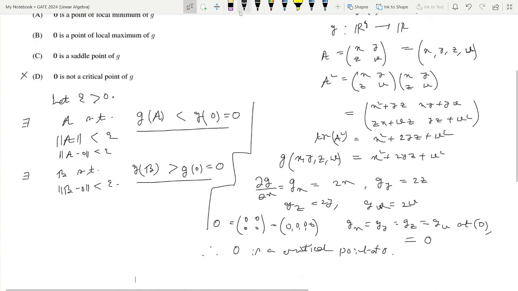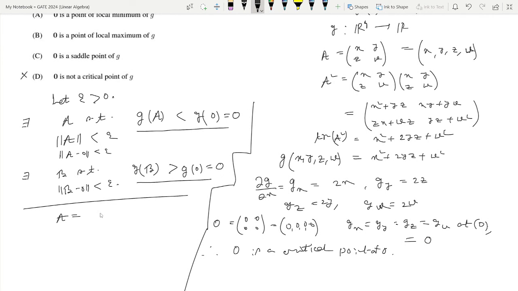So for this we simply take A equal to a matrix: 0, root epsilon by 2, epsilon by 4, and this is simply minus root epsilon by 4, 0.